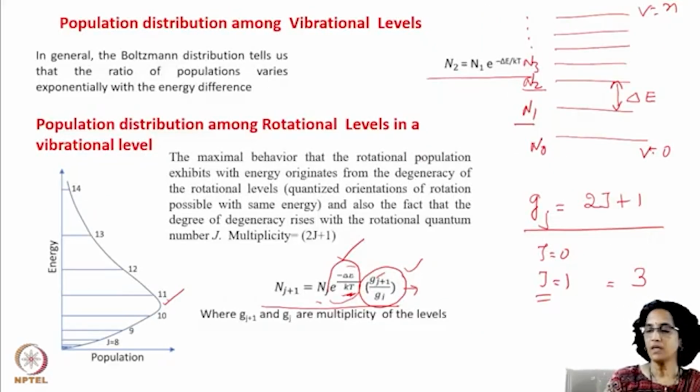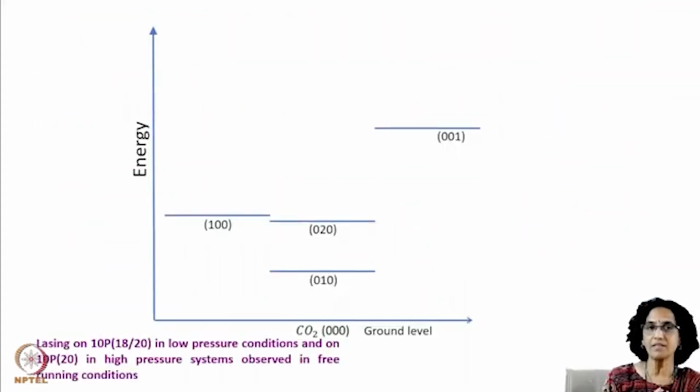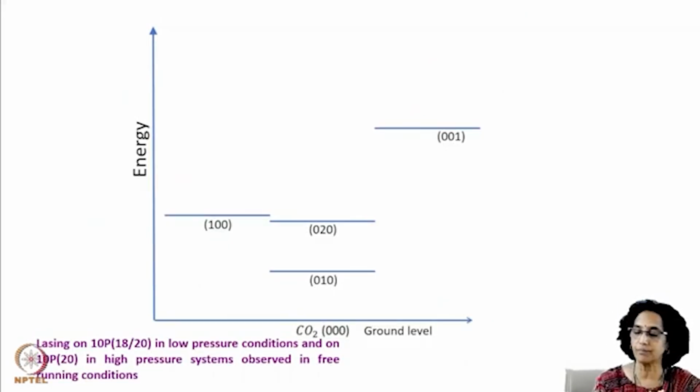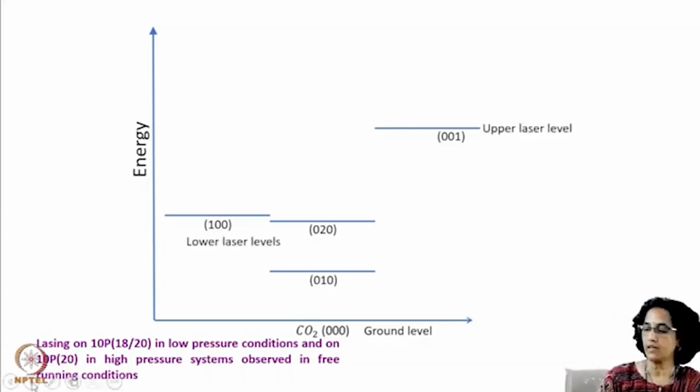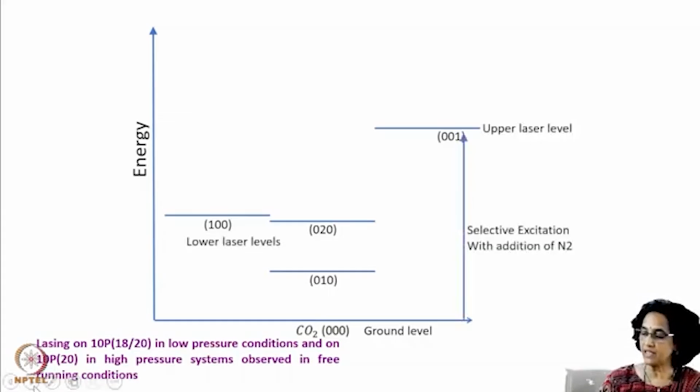So as we saw, the distribution here is Maxwellian, and here you have a maximal behavior. So now coming back to our CO2 laser, these are the upper laser levels. This is the upper laser level, you have the lower laser level, and we have selective excitation with addition of nitrogen.